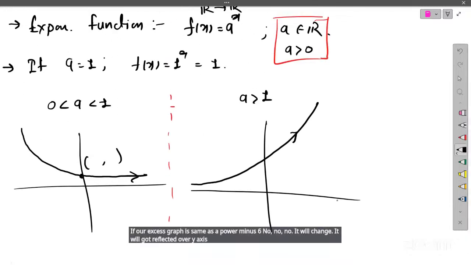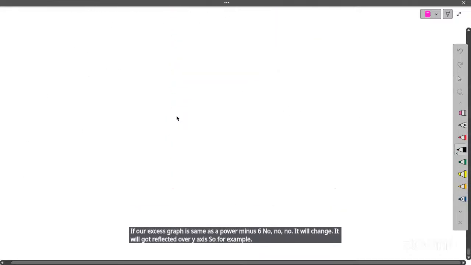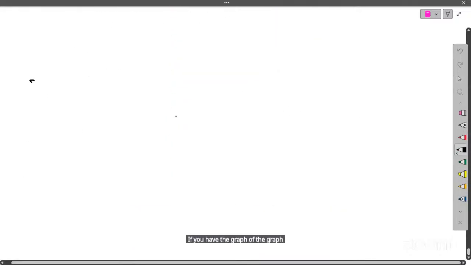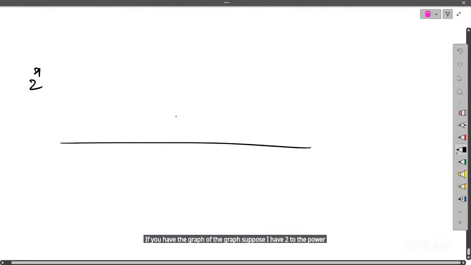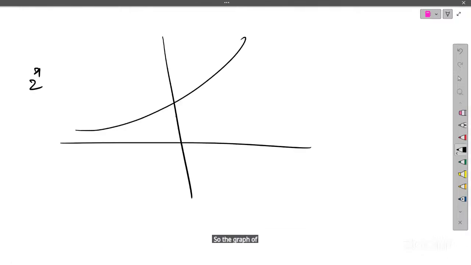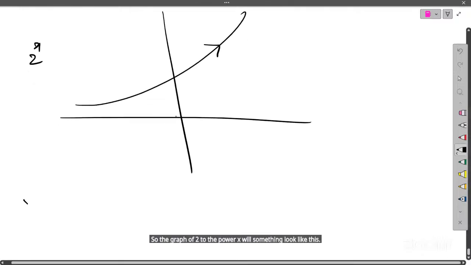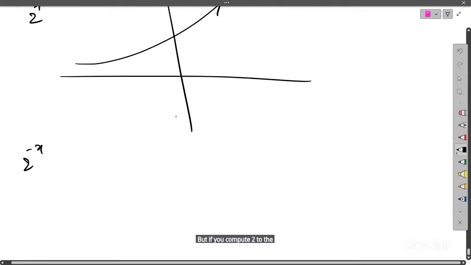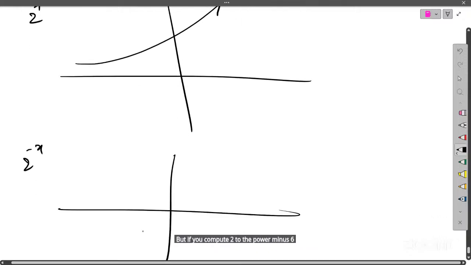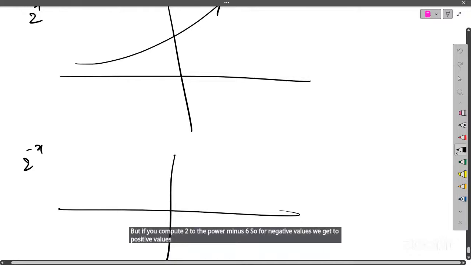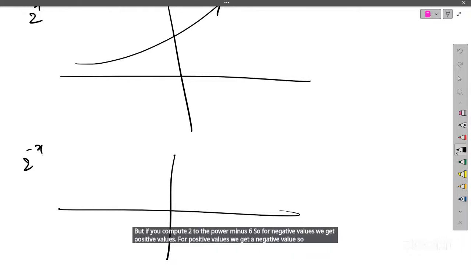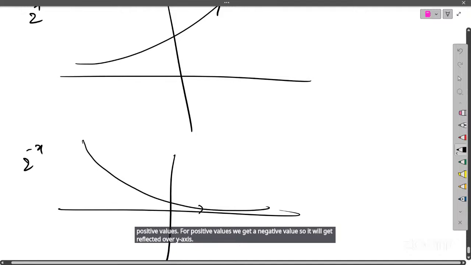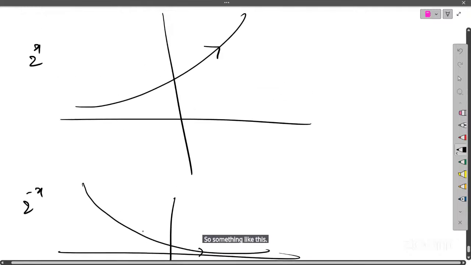For example, suppose I have the graph of 2 to the power x. It will look something like this. But if you compute 2 to the power minus x, for negative values we get positive values, and for positive values we get negative values. So it will get reflected over the y-axis, something like this.